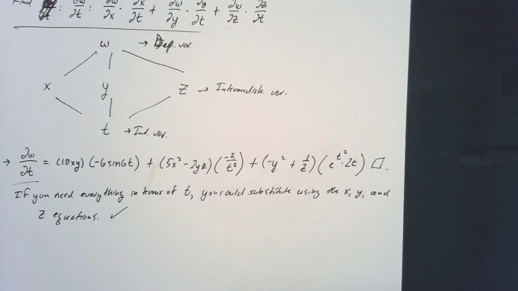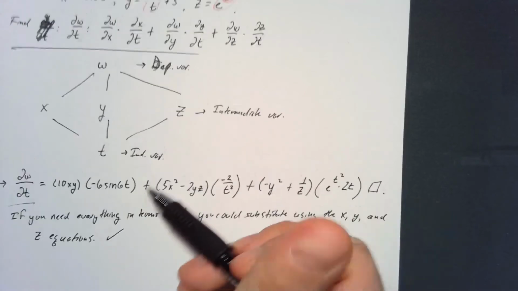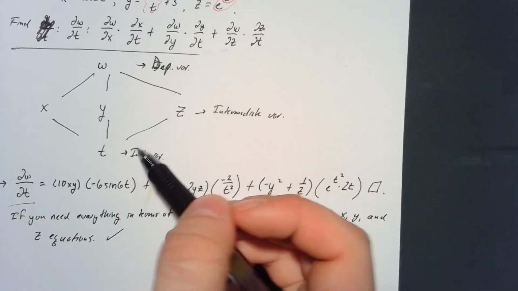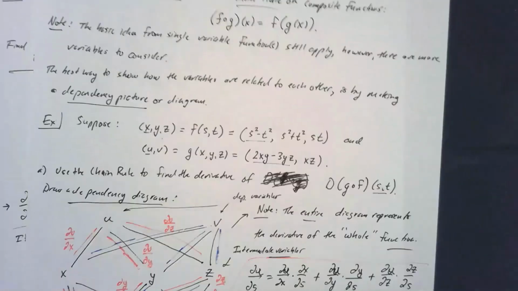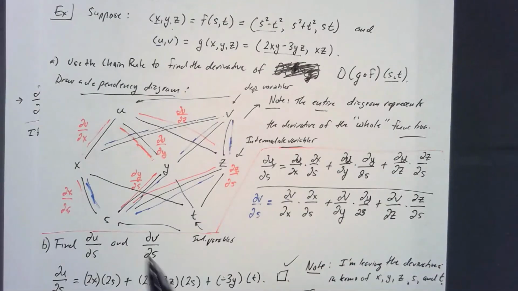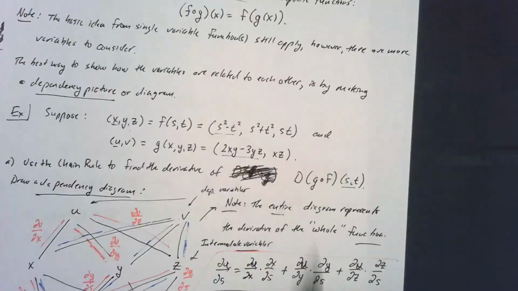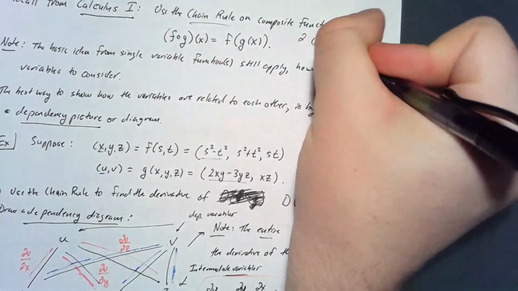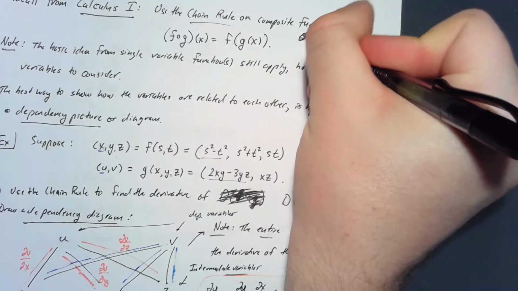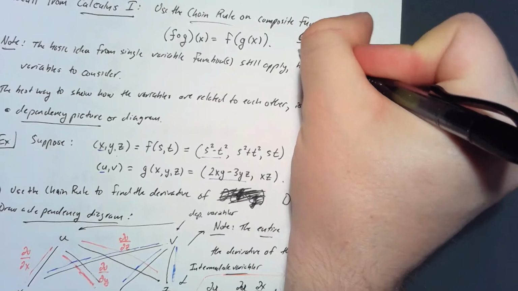So, when it comes to the chain rule, it really all just depends on the dependency diagram. The dependent variable is the function that you're differentiating, and the independent variable is obviously this. Think back to Calc 1, right? If I want to take the derivative of this, in Calc 1 we wouldn't use the fancy d, we would just use regular d, right?